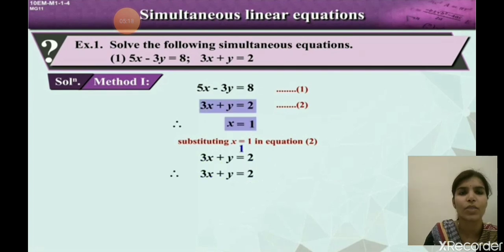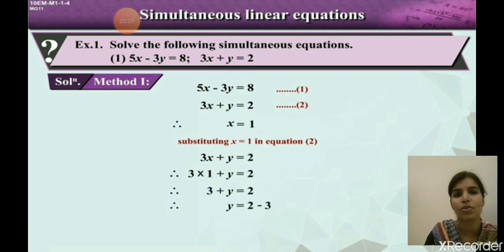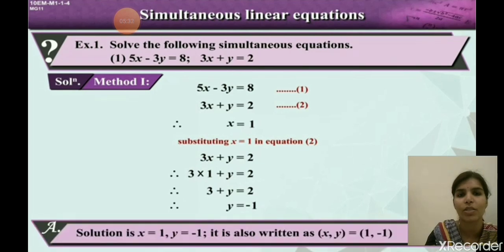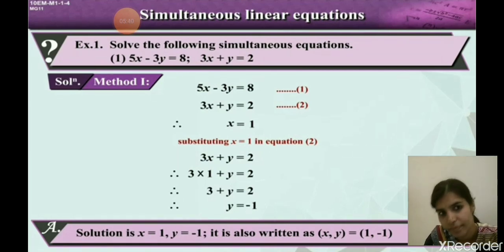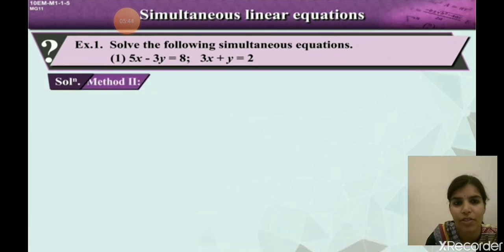So 3x + y = 2 means 3 into 1 plus y = 2, then 3 + y = 2, y = 2 - 3, that means y = -1. So the solution of that equation is x = 1 and y = -1. It is also written as (x, y) = (1, -1).